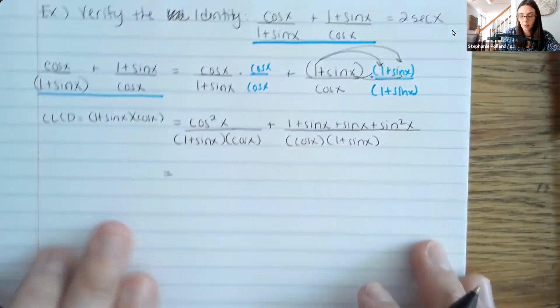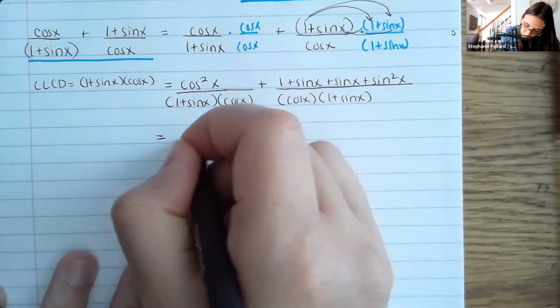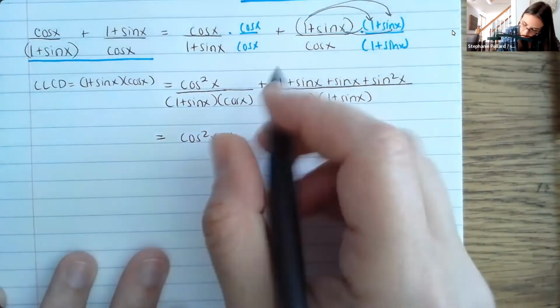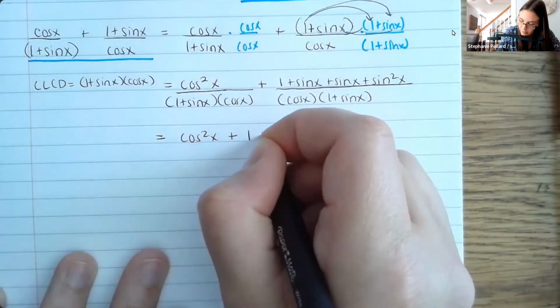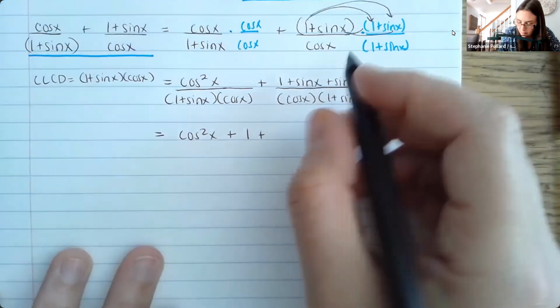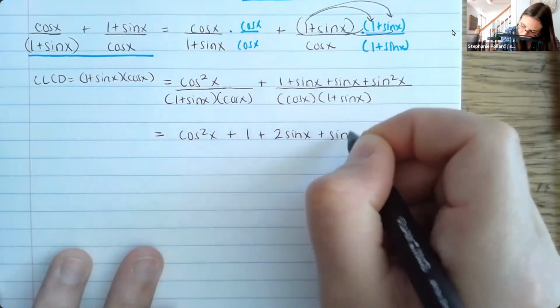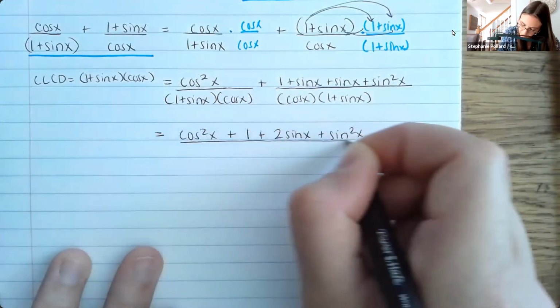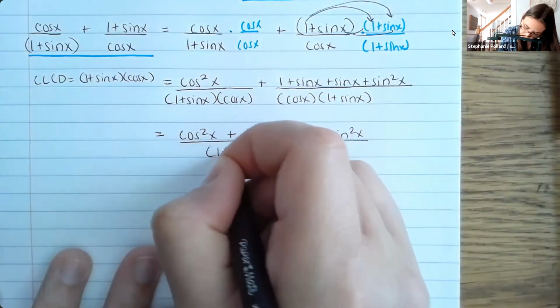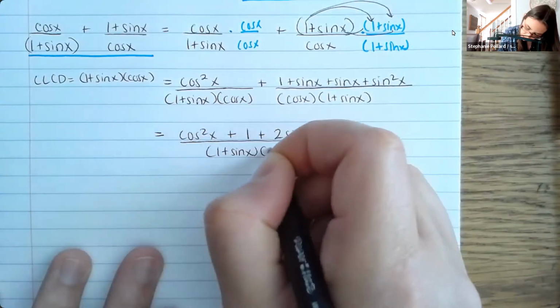Again, I'm just going to clean this up a little bit more. So I have cosine squared x plus 1 plus, now sine and sine would be 2 sine x. And this is all over 1 plus sine x times cosine x.